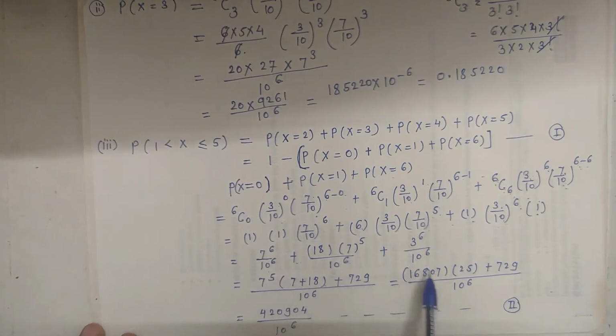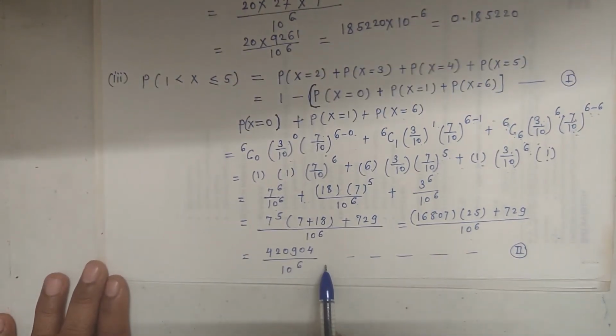By calculating all this, we get 16,807 into 25, the addition of 7 plus 18, plus 729, upon 10 raised to 6. Calculating these terms, multiplying these two and adding 729, we get 420904 upon 10 raised to 6.